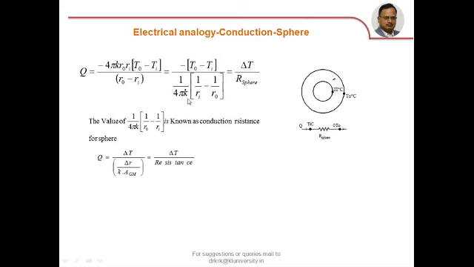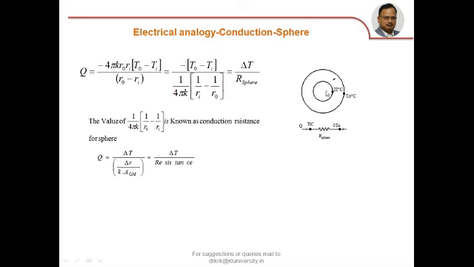So it becomes 1 by 4 pi k Ro Ri. When this Ro Ri is taken into the bracket, it becomes 1 by Ri minus 1 by Ro. So the formula for Q for a sphere is delta T divided by 1 by 4 pi k into (1 by Ri minus 1 by Ro).